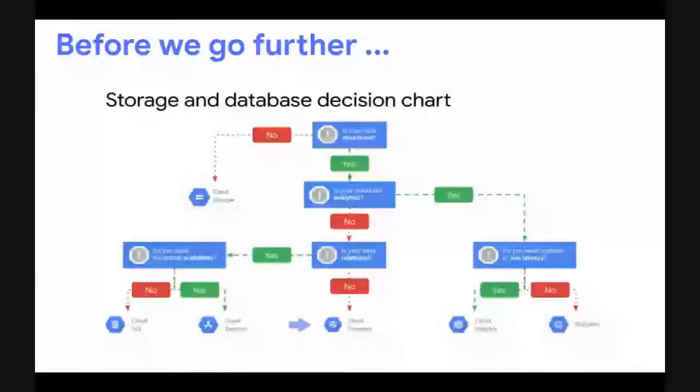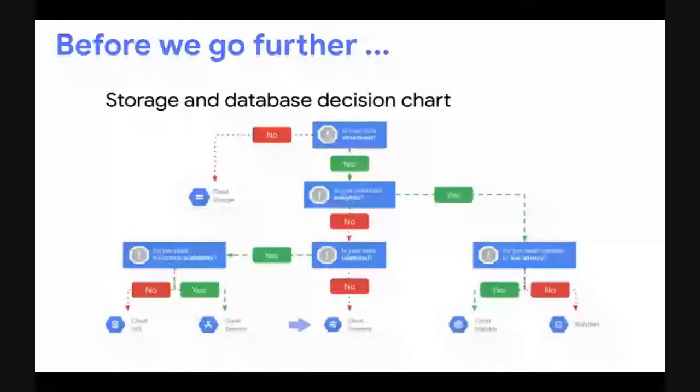If your data is not structured, you can use Cloud Storage. If your data is structured, then you should ask the question, does your workload focus on analytics? If it does, you will want to choose Cloud Bigtable or BigQuery, depending on your latency and update needs.